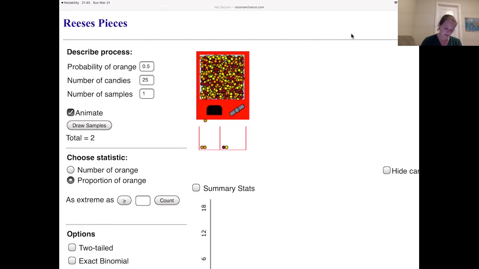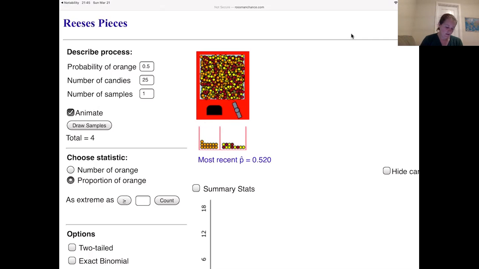We can do this again. This time around, we had 13 out of 25. Go again. This time around, we had 12 out of 25 for a proportion of 0.48. Let's just do a couple more.